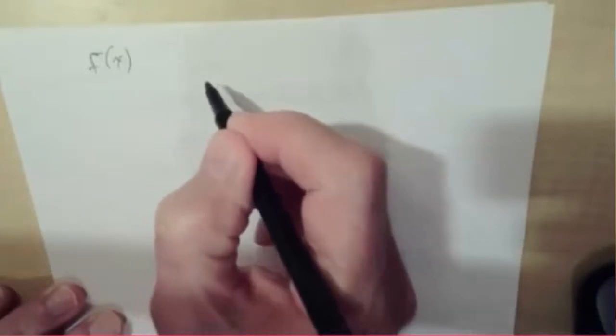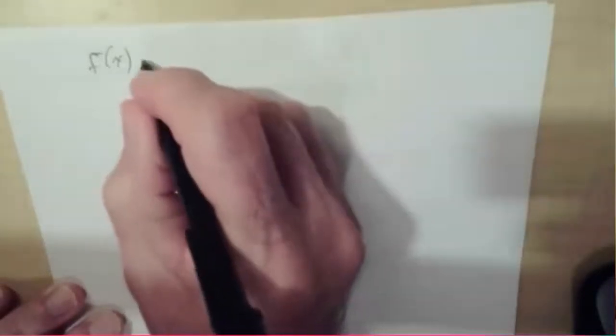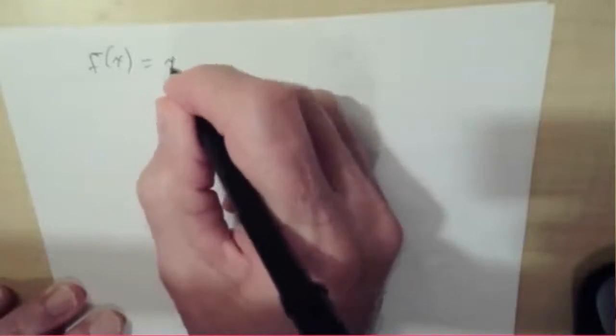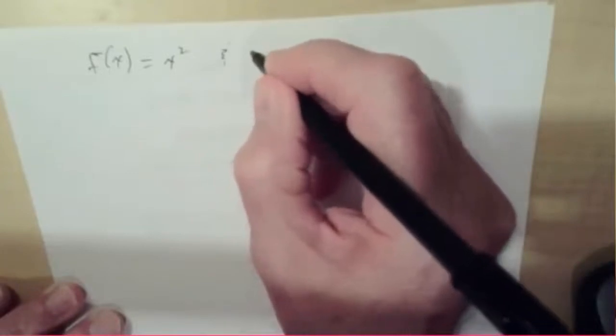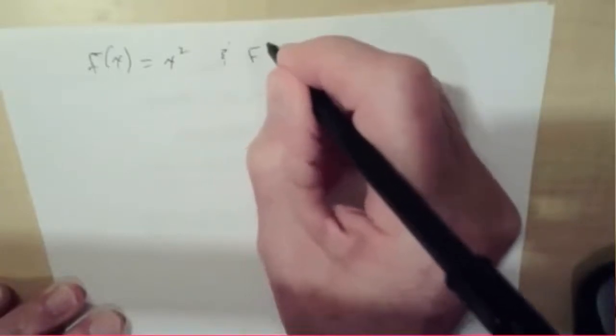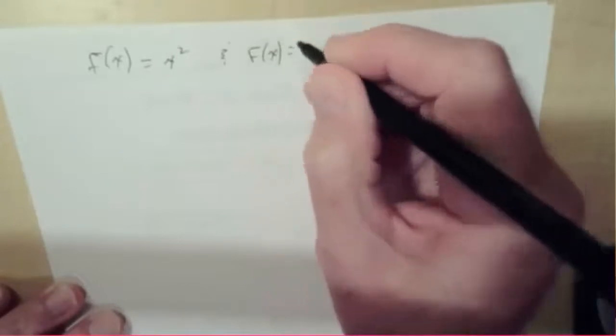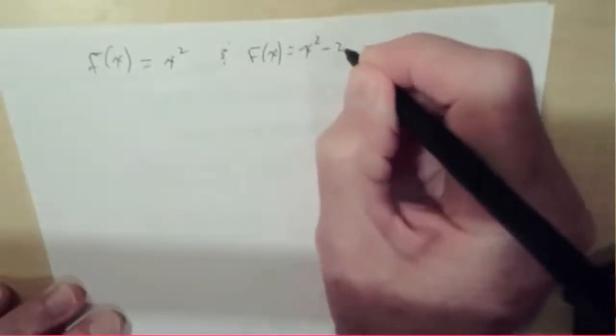So if you have a quadratic function, let's say, f of x. Remember, f of x is the same thing as y. We just write it this way. The function of x is, let's say, x squared. And we have another quadratic function that says f of x equals x squared minus 2.